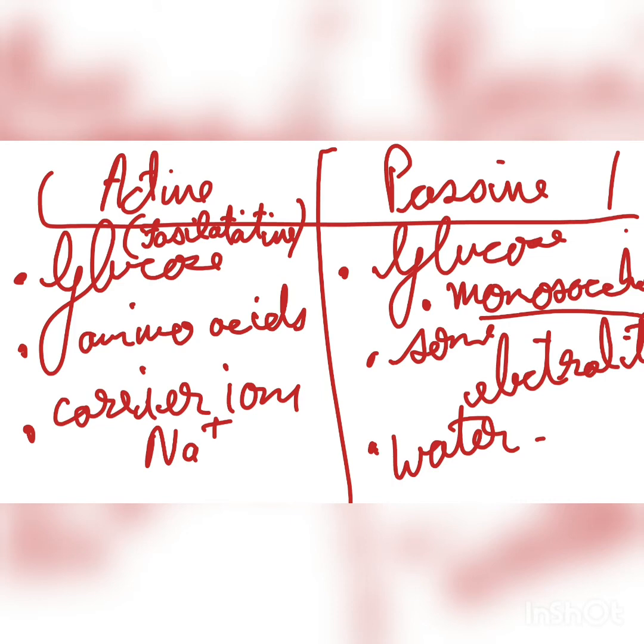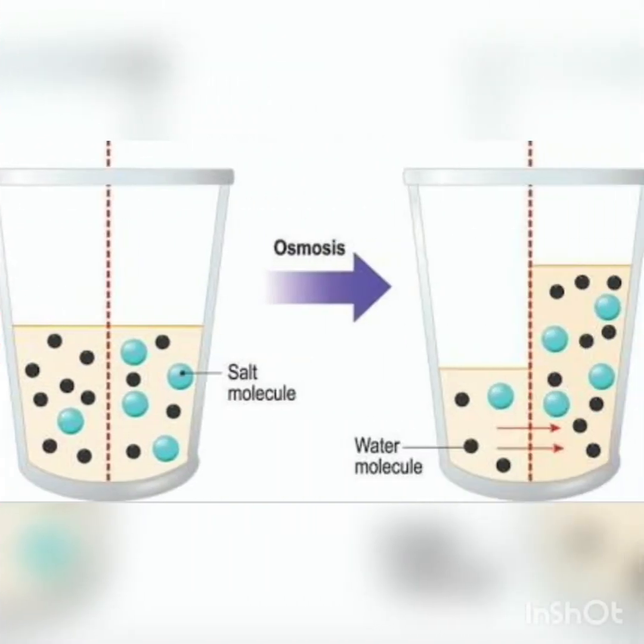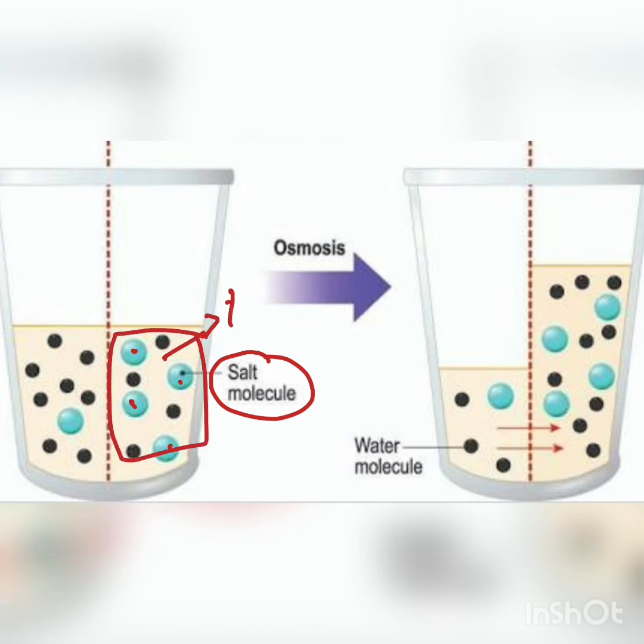Now let's move to the transport of water. Transport of water occurs in the stomach, and it is a passive mode of transport. Passive because it does not require any energy and it simply uses osmosis. In osmosis, the water moves from low concentration to high concentration. High concentration is the area where the density of salt is high, and low concentration is the reverse, meaning where the concentration is low.